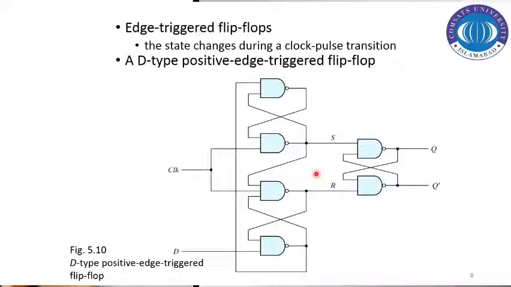So we can implement a D type positive edge trigger flip-flop by using latches only, or we can also implement this diagram by using gate level modeling instead of implementing this latch first. So if you have implemented this latch, and because you have already implemented the latch in the previous lab, what you can do is you can instantiate this latch in your flip-flop module, and you can make interconnections, so you don't have to regenerate the code again.